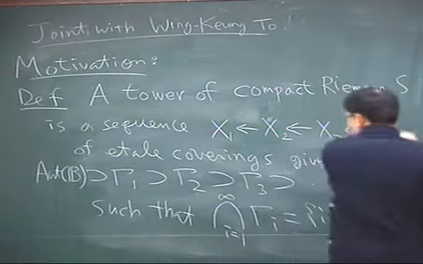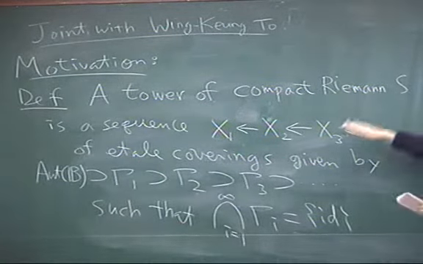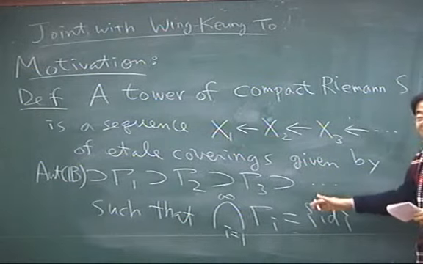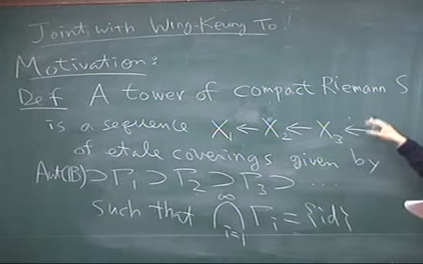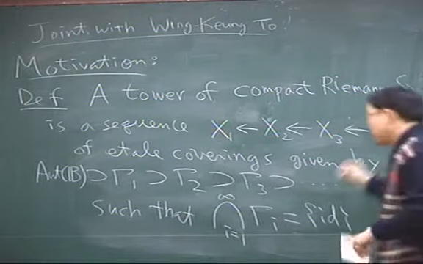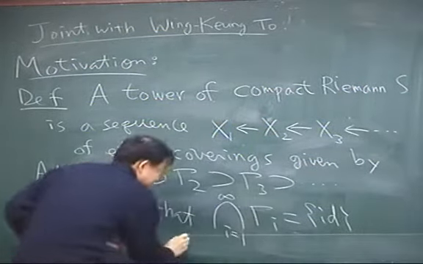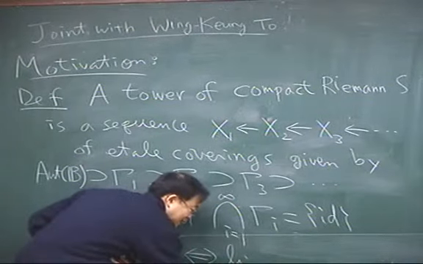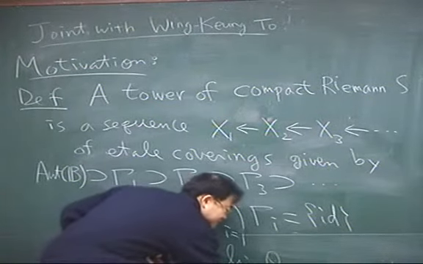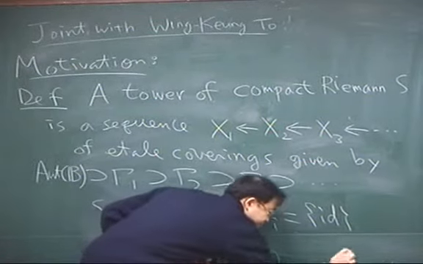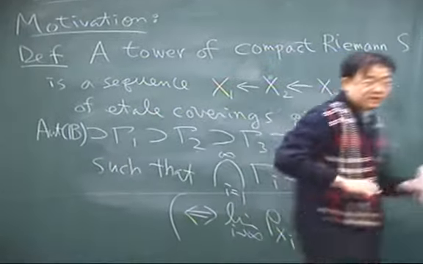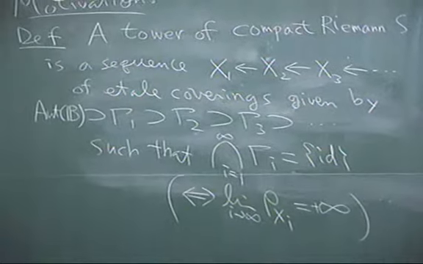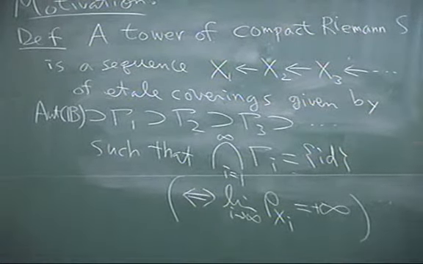They converge to the universal cover. Not all sequences are of this type, but this sequence is more natural in a sense. Now this condition is exactly equivalent to saying that the injectivity radius goes to infinity. So that's equivalent. That's the notion of a tower.